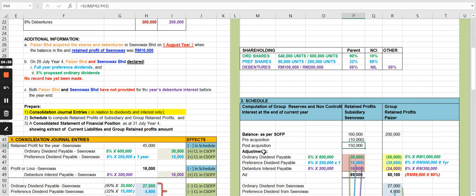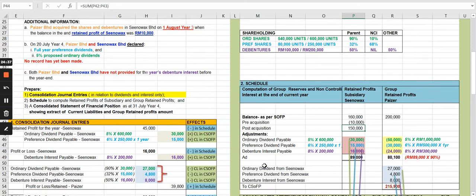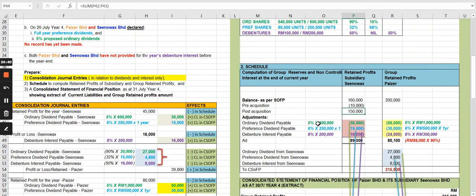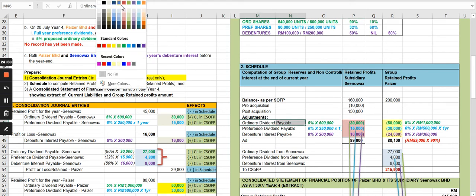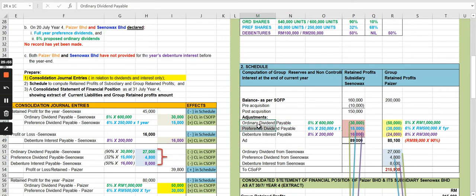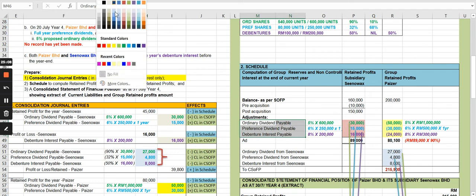And from this post-acquisition profit is where declaration of dividend is being made. So if you can see here, you just need to take the information that you have calculated earlier. For the dividend payable by the subsidiary, this is the amount that I copy and paste here. So ordinary dividend payable, the one that you have here, which is all in blue because it has to appear in the schedule, right?